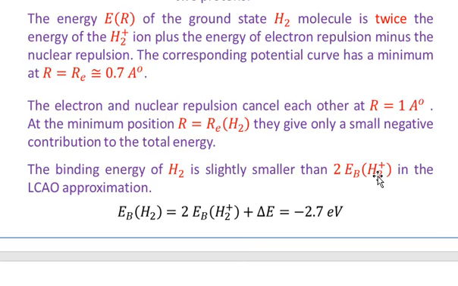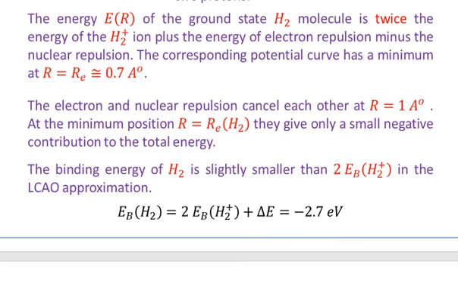So in the LCAO approximation, the binding energy of the H2 molecule is slightly lower than twice the binding energy of the hydrogen singly ionized molecule. And we can calculate this one, that is the binding energy of the hydrogen molecule is equal to twice the binding energy of the hydrogen singly ionized molecule plus delta E. And this will give you minus 2.7 electron volt.